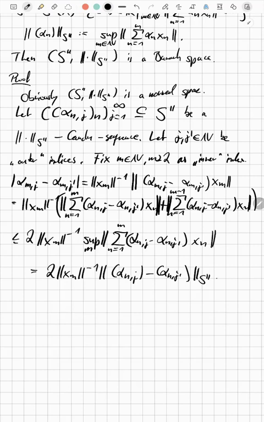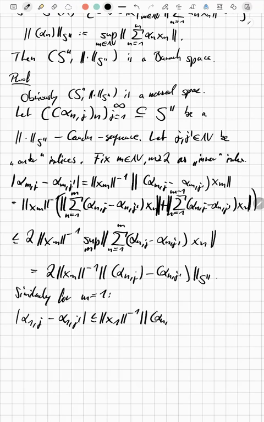And we will find similarly for m equals 1 that the difference of alpha 1j minus alpha 1j dash is less than the inverse norm of x1 times this norm of the difference of these sequences. And here we don't need to use the 2.